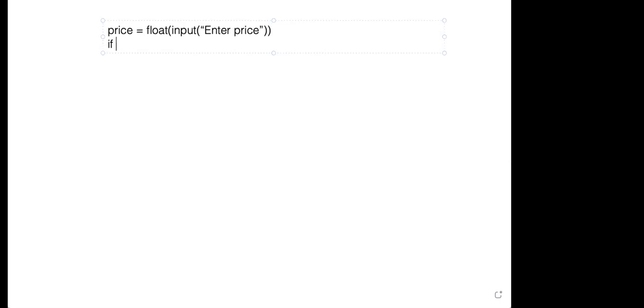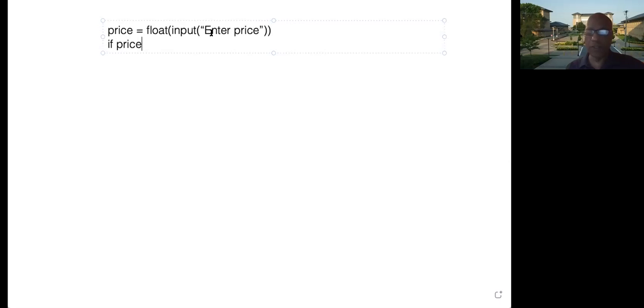Okay, if price is greater than 6.0, quantity equals 1. You can write else, or you could also write elif. What it means is, if price is greater than 6, you will hit this. Otherwise, you can check another condition.